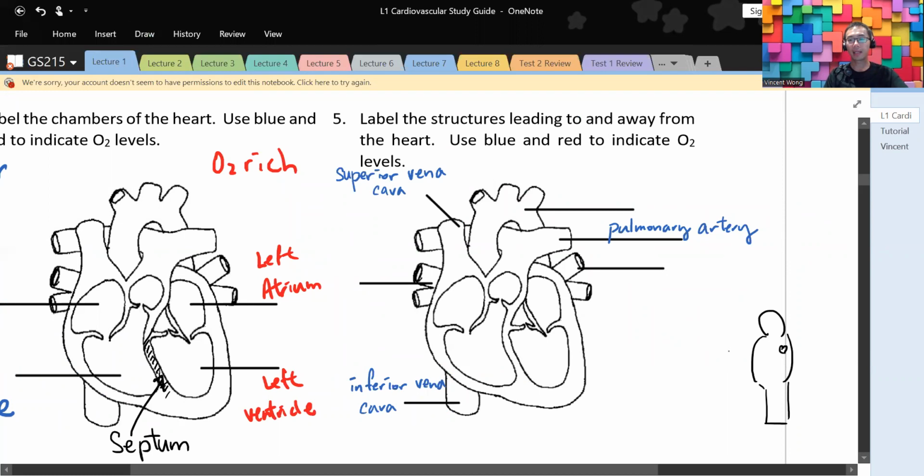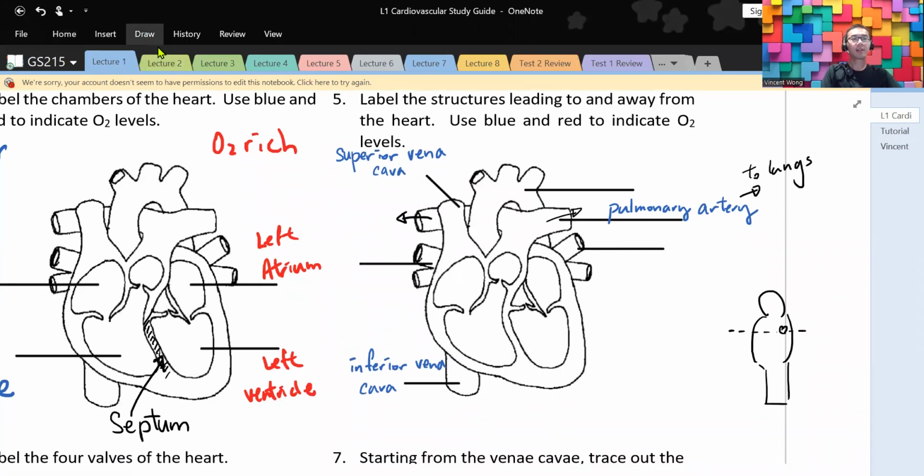Everything that's above the heart is going to be collected from the superior vena cava, and everything below that point is going to be collected through the inferior vena cava. All right, so pulmonary artery, it takes it to the lungs. And over here as well. So this goes to the left lung, this goes to the right lung.